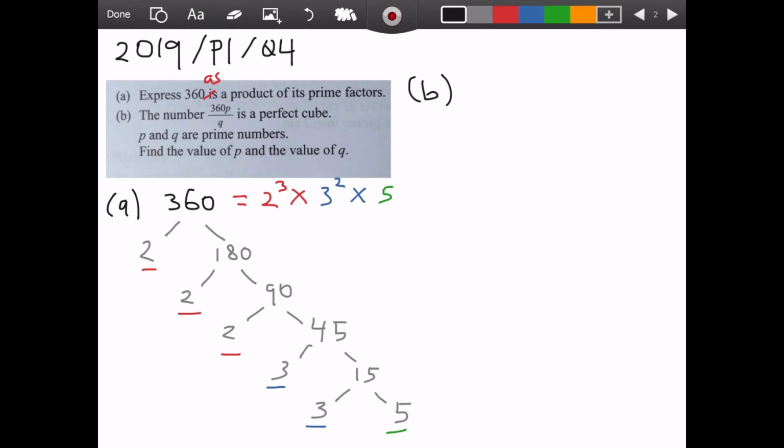Part B says the number 360p over q is a perfect cube. Okay, so let's first clarify what is a perfect cube. A perfect cube is a number where the powers of all its prime factors have to be multiples of 3, right? So let me just write it down.